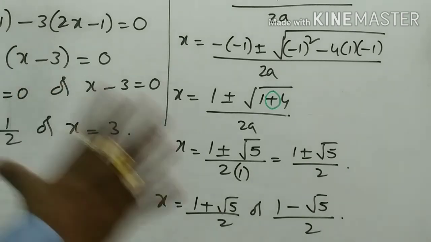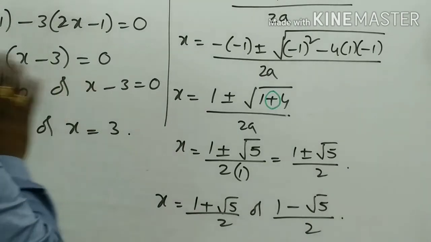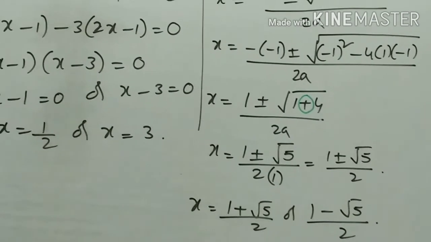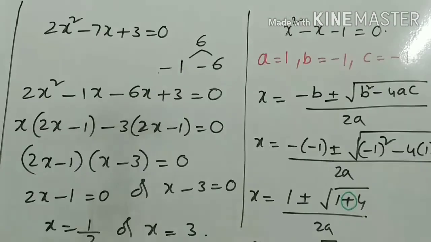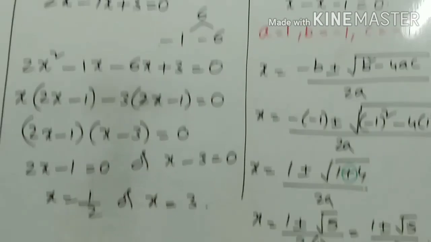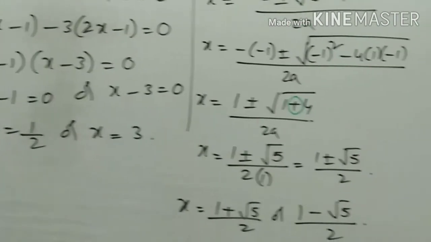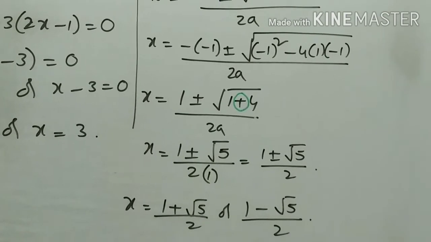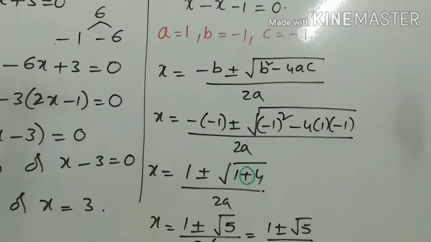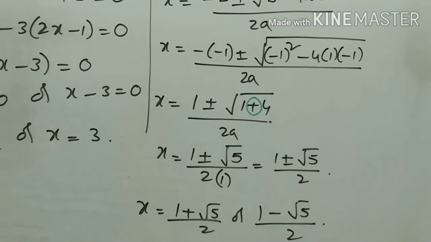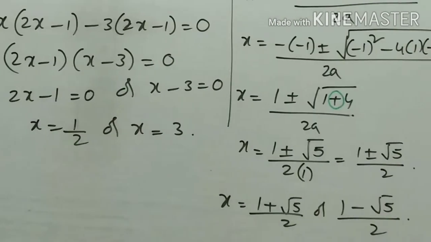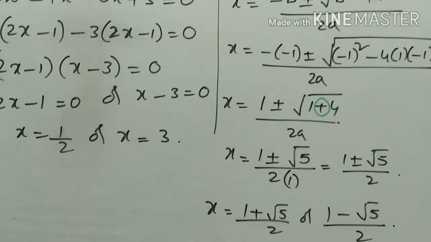So imaginary roots we cannot get by using the factorization method. That's why this formula method will be useful to solve any quadratic equation, and we can get the roots either as real roots, that means rational or irrational roots, or imaginary roots also.